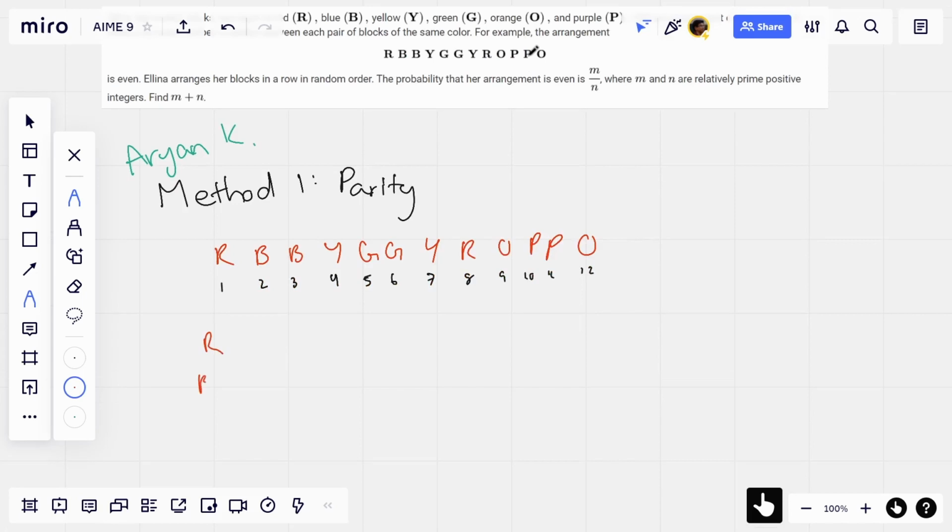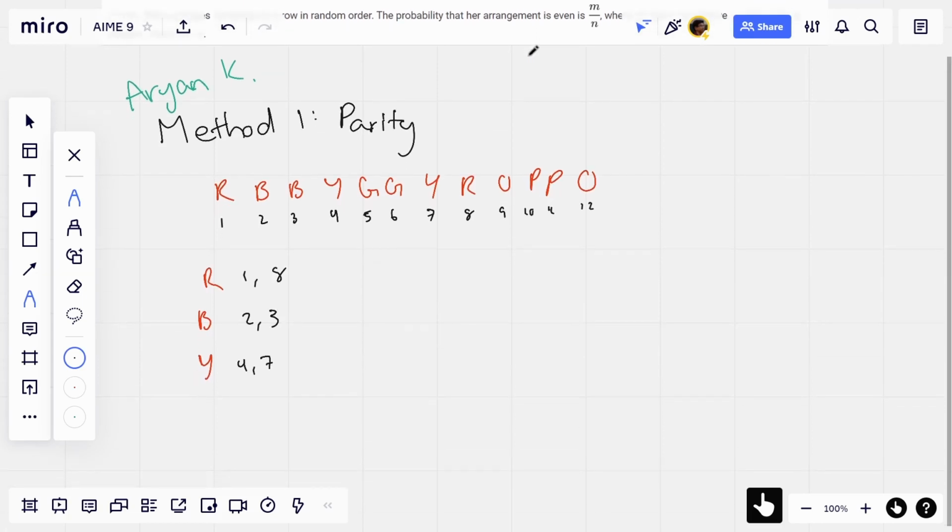If we check for each color, let's record the positions of each of them. Red is at 1 and 8. Blue is at 2 and 3. Yellow is at 4 and 7. Green is at 5 and 6.